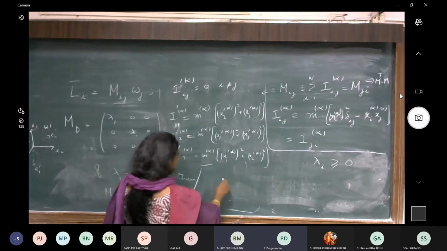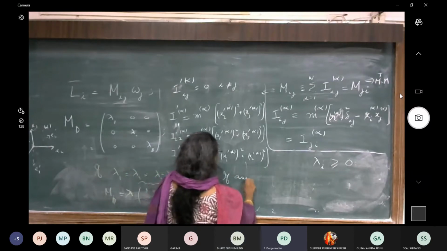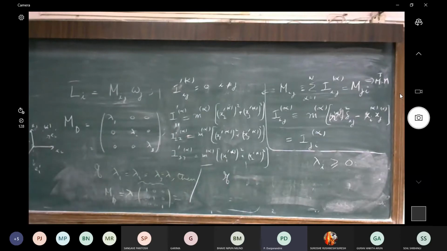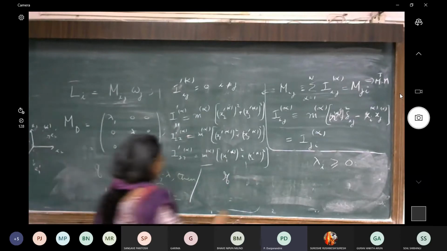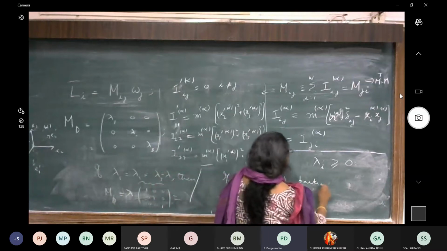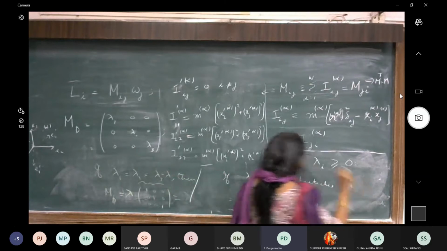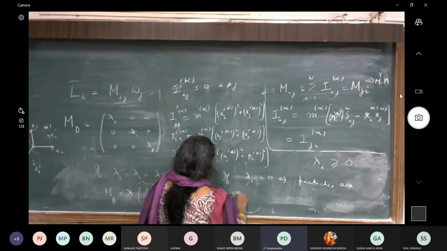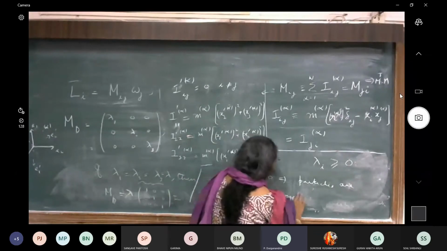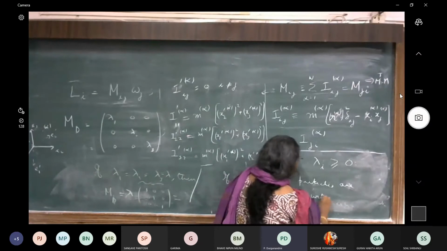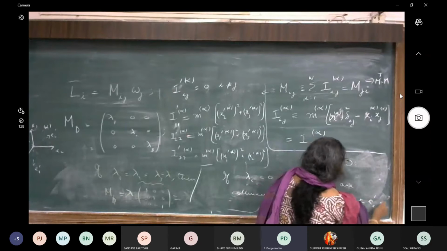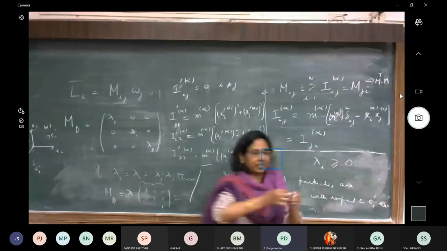So if a particular lambda is 0, it implies that particles are collinearly arranged with respect to the x_i prime axis. So it's really like a one-dimensional arrangement.